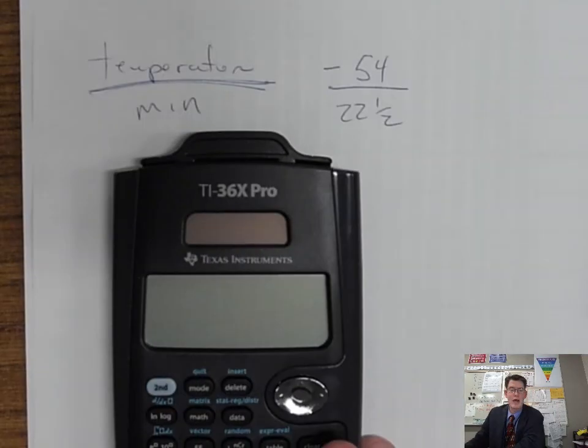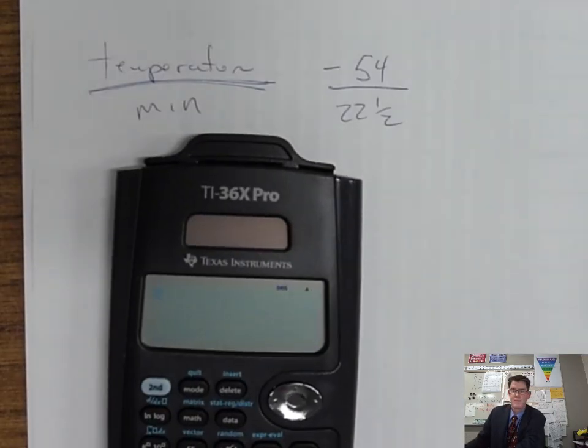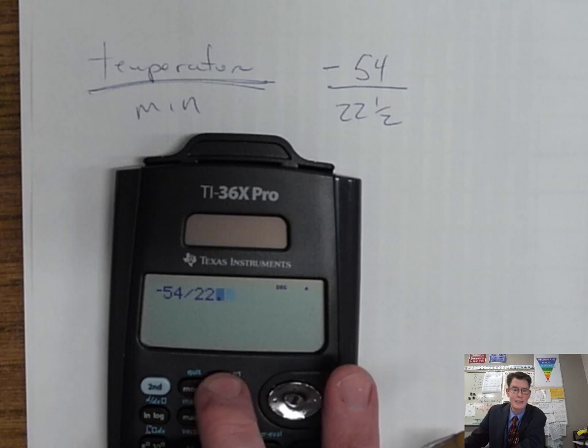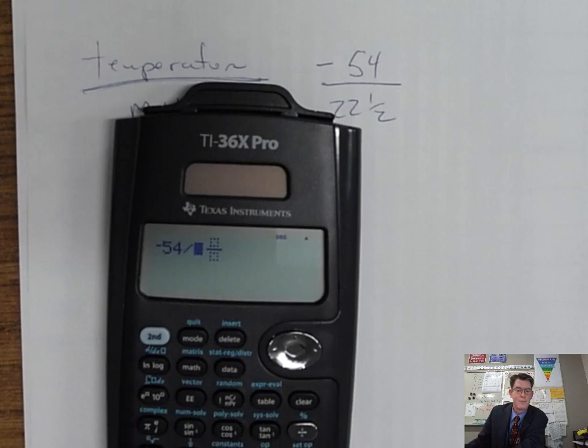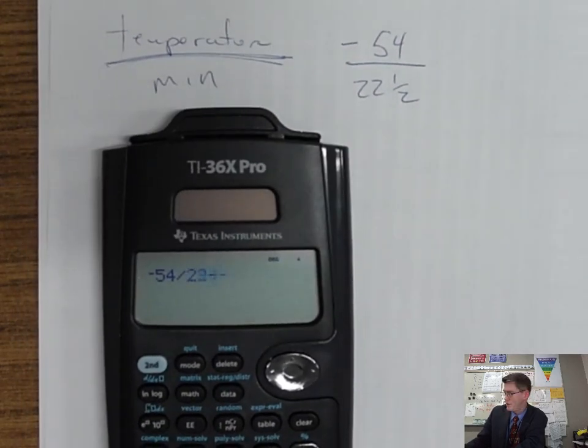With that scratch work done, you can type that into the calculator. Negative 54 divided by 22.5. Well, let's do it. I'll hit delete. Negative 54 divided by the mixed number, up arrow 7, second 7, 22.5. There we go.